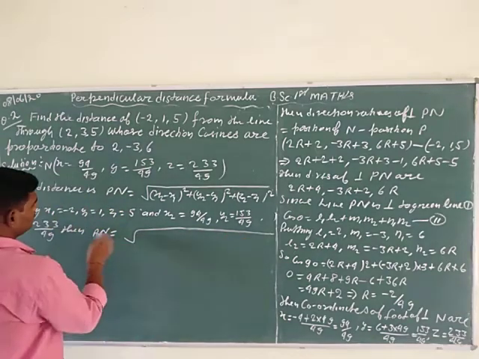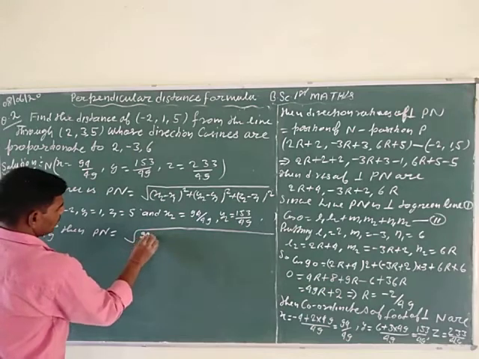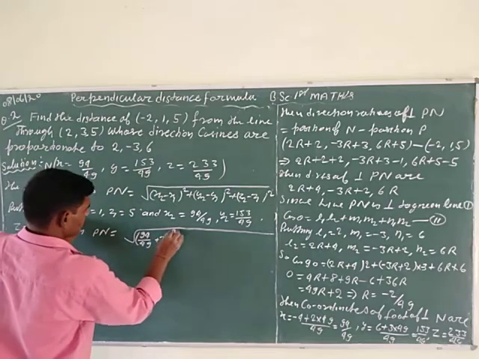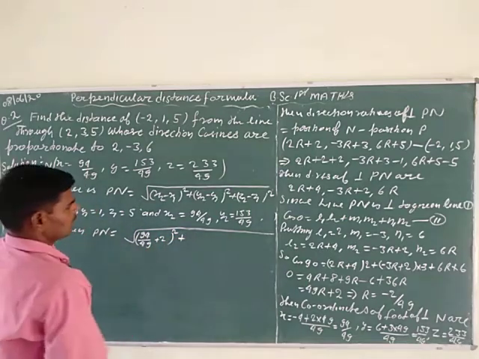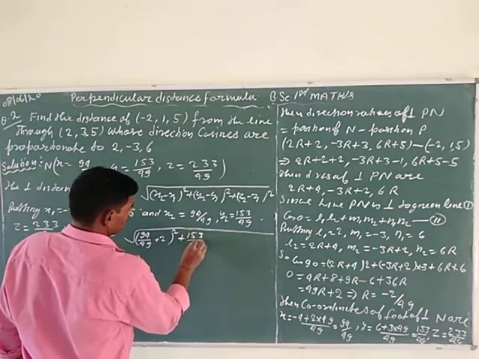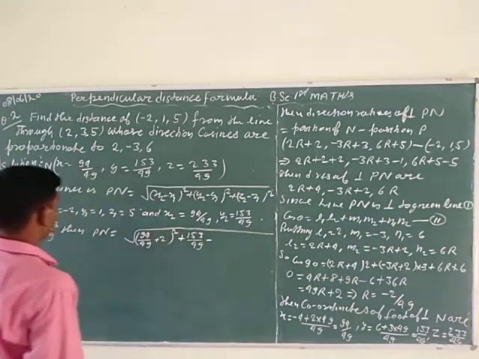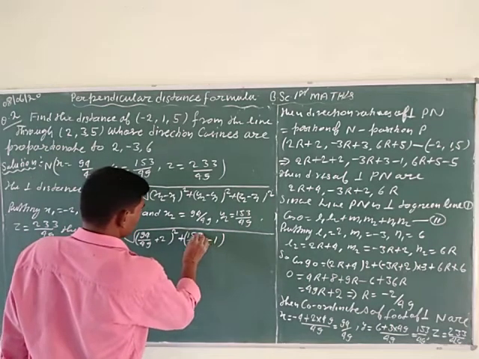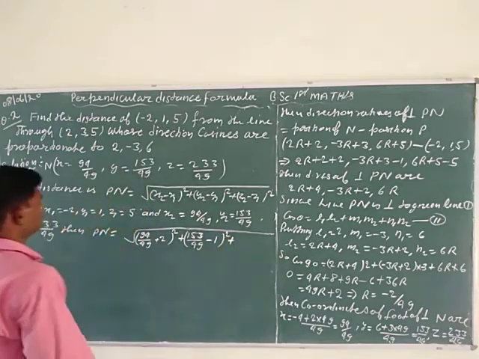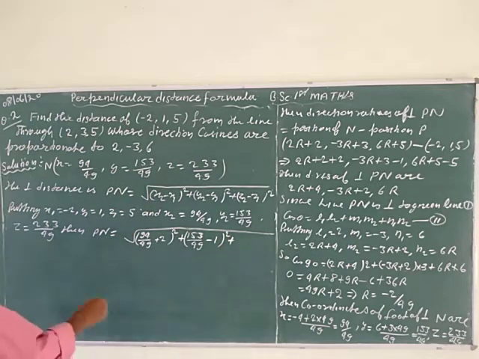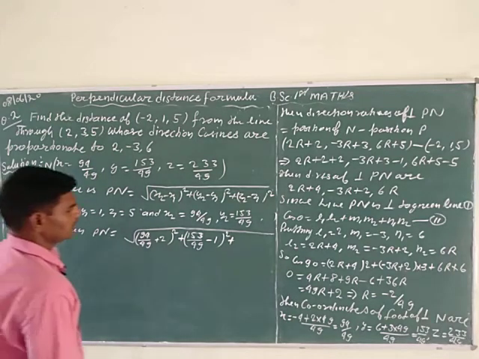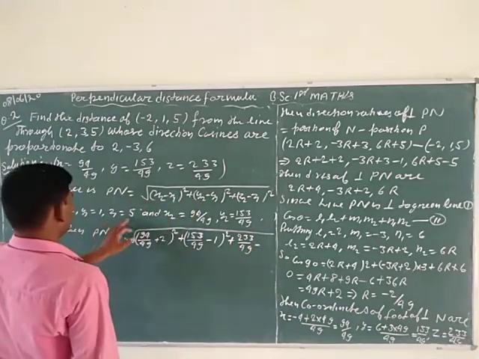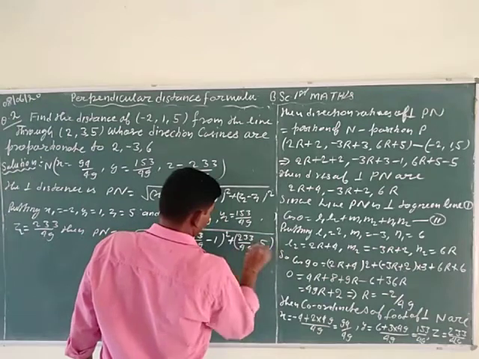x2 minus x1, 94 by 49 minus means plus 2 whole square plus 153 by 49 minus y1 is equal to -1 whole square plus z2 minus z1, z2 is equal to 233 by 49 minus z1 is equal to 5 whole square.